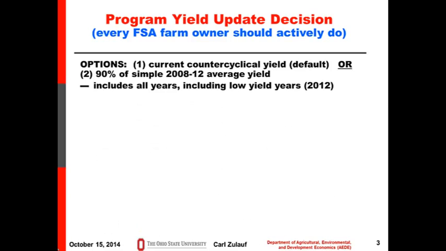The word simple has meaning in this particular case because you include all years in the calculation, including low yield years, so there's no discarding of either high yields or low yields in this calculation, and it only uses the years for which there is a planted acre on that particular FSA farm, and we are talking about the FSA farm, not a crop production farm.